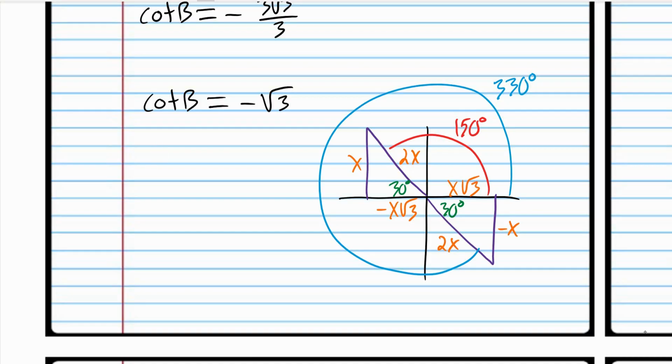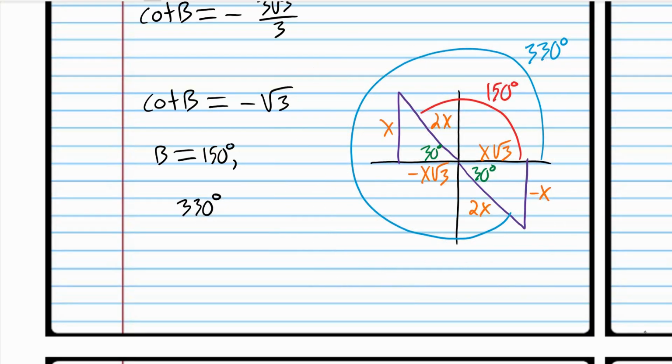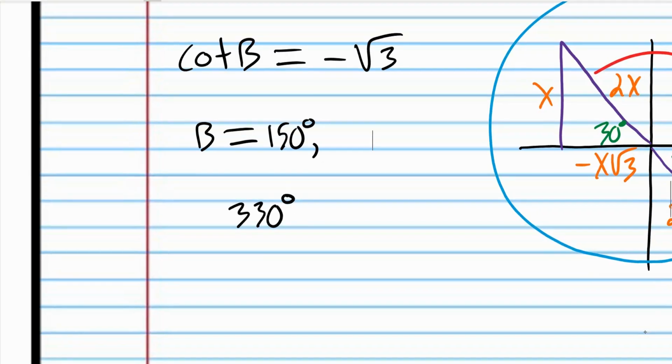Beta can be equal to 150 degrees or 330 degrees, but those numbers are not in radian units. We have to write our answers in radian units, between 0 and 2 pi.